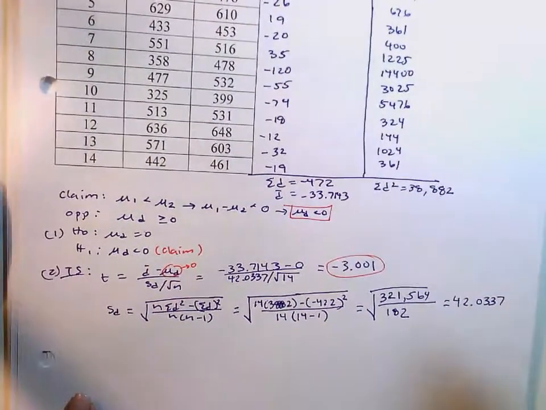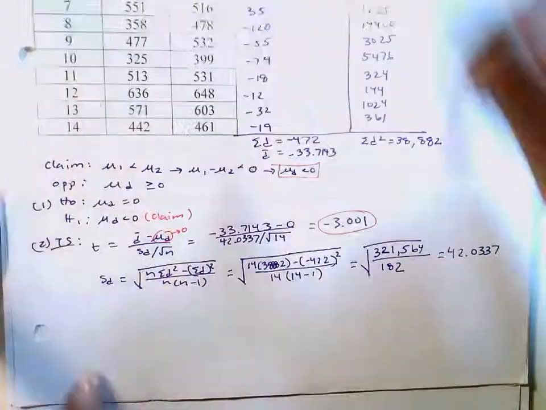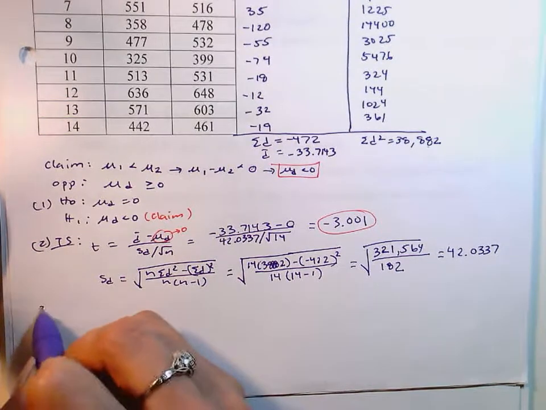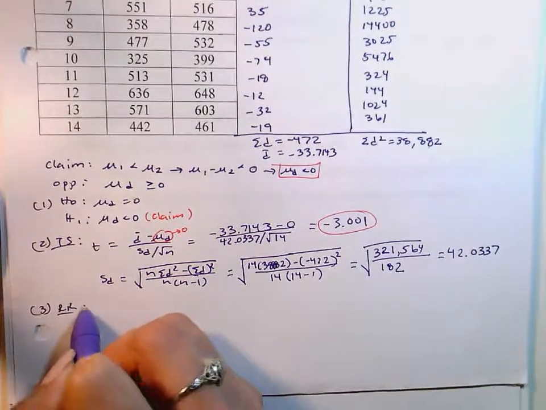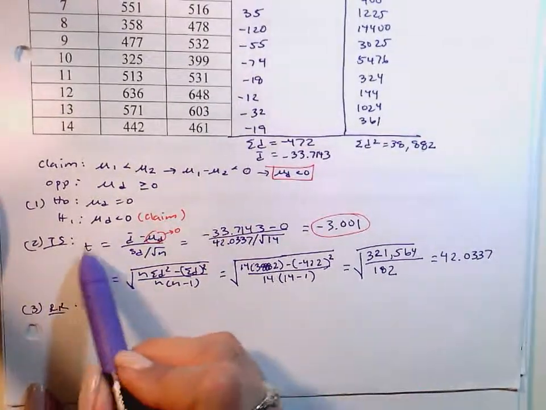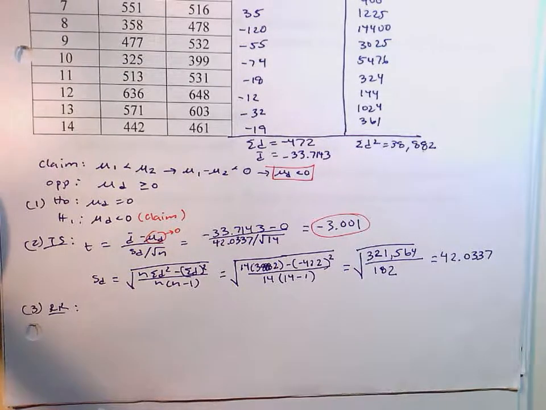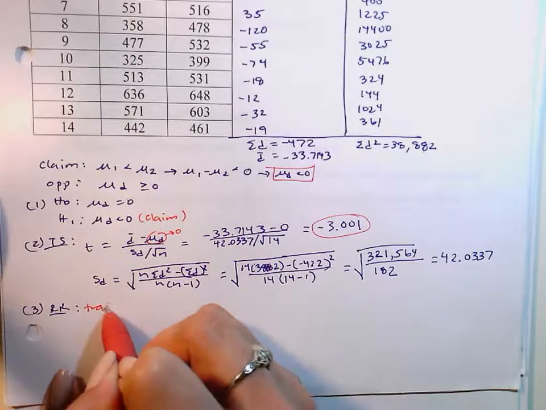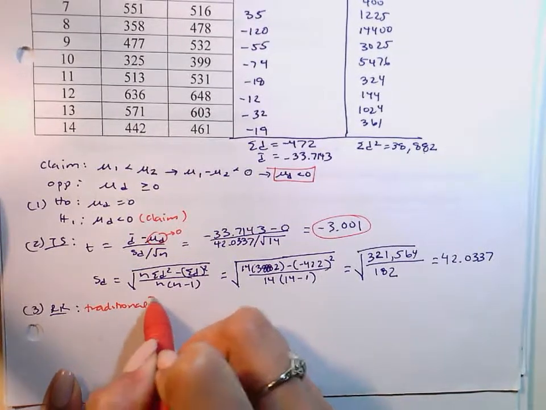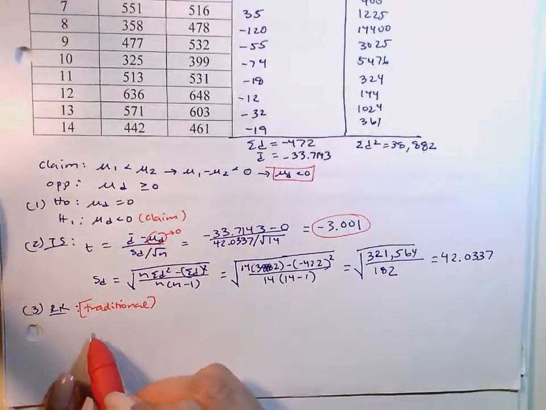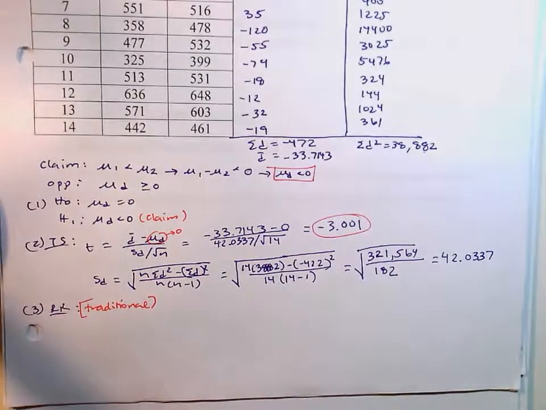And then for the third step, we're going to go ahead and find the rejection region. So the rejection region, because it's a t-distribution, we're going to go ahead and use the traditional method. So in the traditional method, we're going to go ahead and plot our distribution. So it's a t-distribution.